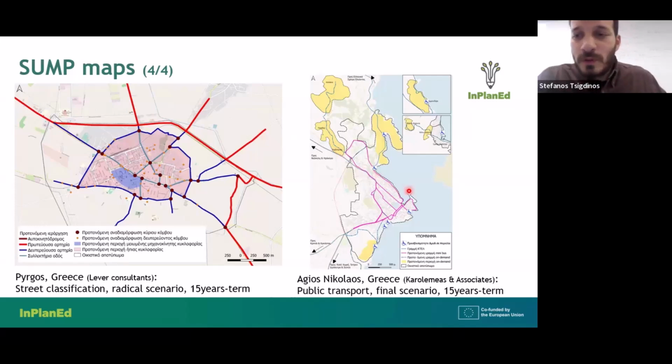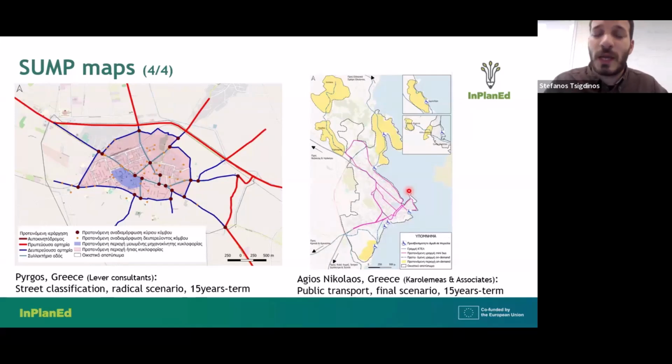So public transport, to conclude, is also very important in other contexts, not only in cities with small suburbs. Here in Agios Nikolaos, a city also in Crete, in the eastern part, we can see that they have suburbs as well as Rethymno, but here they are closer to the city.